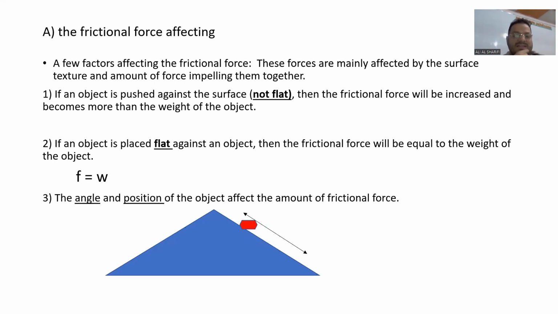And the last thing, the angle, is very important. Like we know, when we put the object in a position like that, surely the force which we need will be different. By that, the angle and the position of the object affect the amount of frictional force.